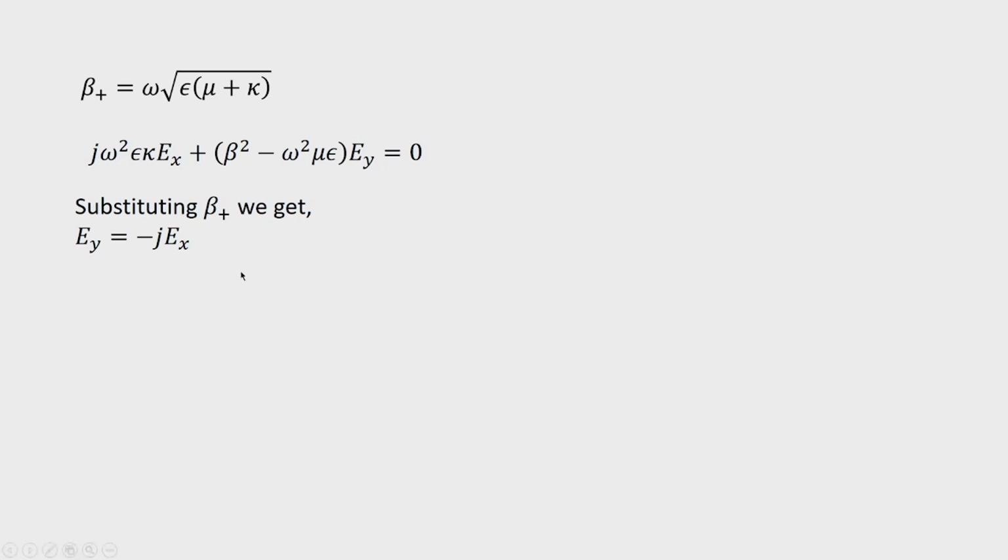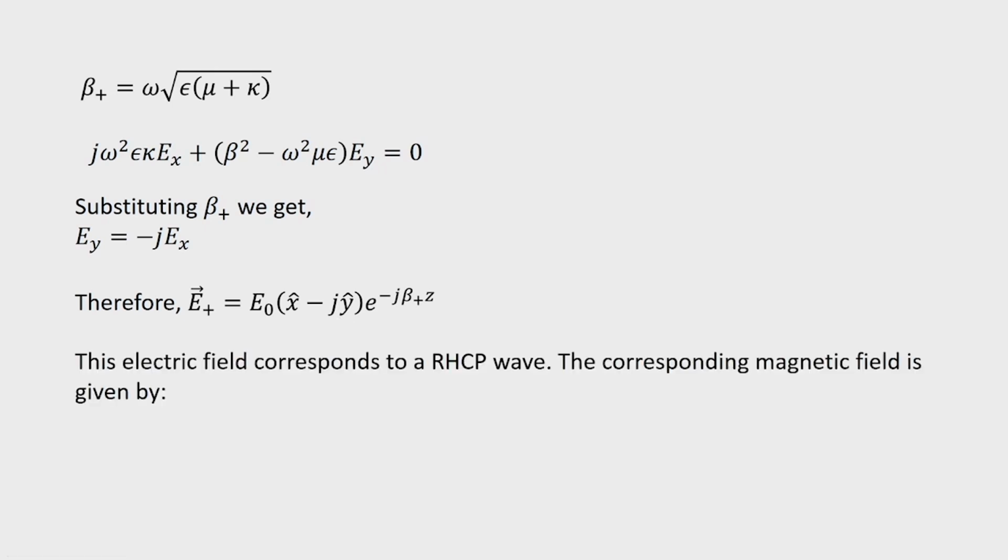Therefore, we can now write the electric field corresponding to beta plus as E plus equal to E naught (x cap minus j y cap) e to the power minus j beta plus z. Now, these are the unit vectors.